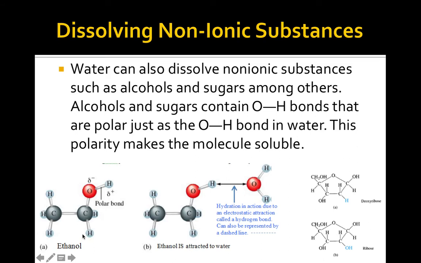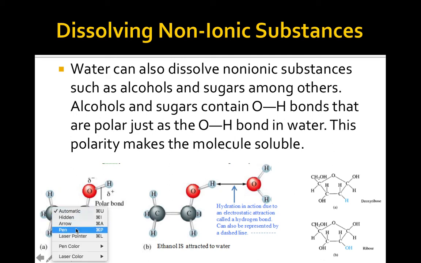So when we talk about dissolving non-ionic substances, water can dissolve non-ionic substances such as alcohols and sugars, among others. Alcohols and sugars contain an oxygen-hydrogen bond, or a hydroxyl bond, and that is a polar bond.